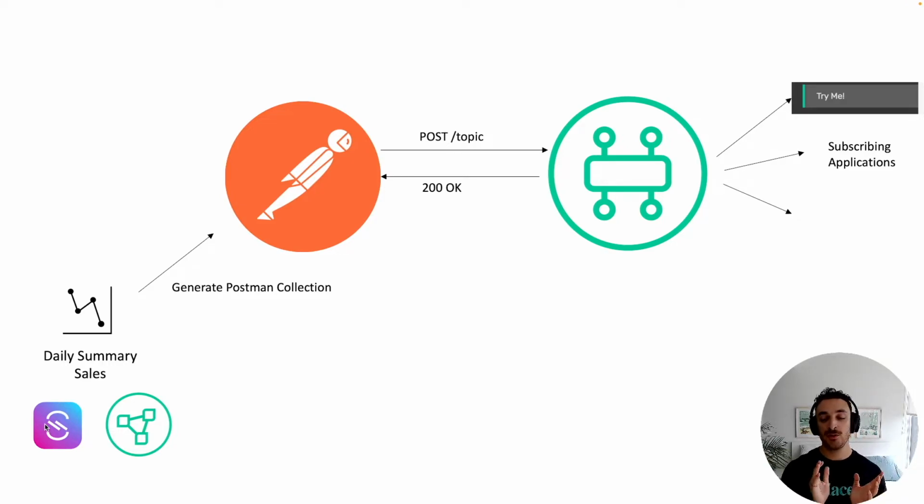We'll be generating a Postman collection using this, and then from Postman we'll be publishing messages on the topic with a dummy payload over to the Solace PubSub+ Event Broker, and we will have applications subscribing to this. So without further ado, let me go ahead and start this.